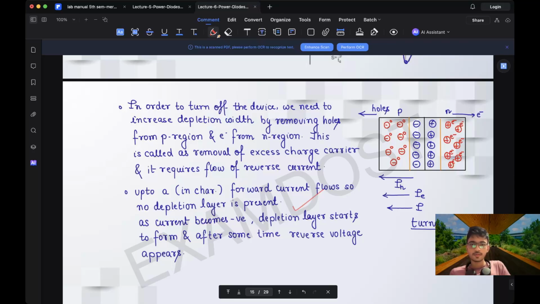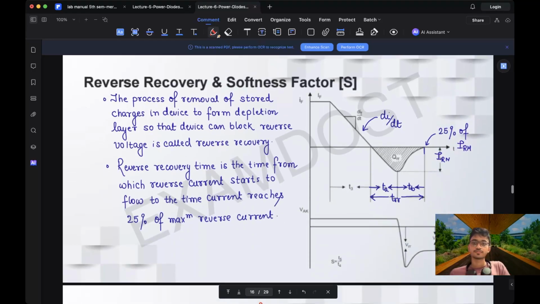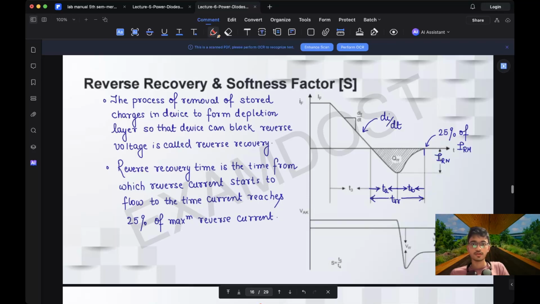As current becomes negative, depletion layer starts to form, and after some time reverse voltage appears. This process of removal of stored charges in the device to form the depletion layer so that the device can block reverse voltage is called reverse recovery.